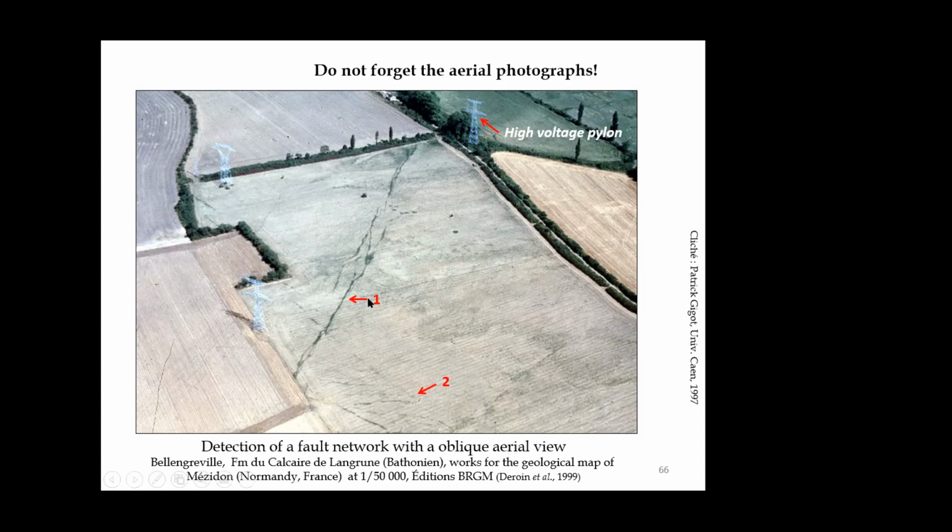And in this view taken in September, you have no more cereal crops. And you have only some grasslands, some small plants growing along the fault here, because the fault is a relatively humid area.